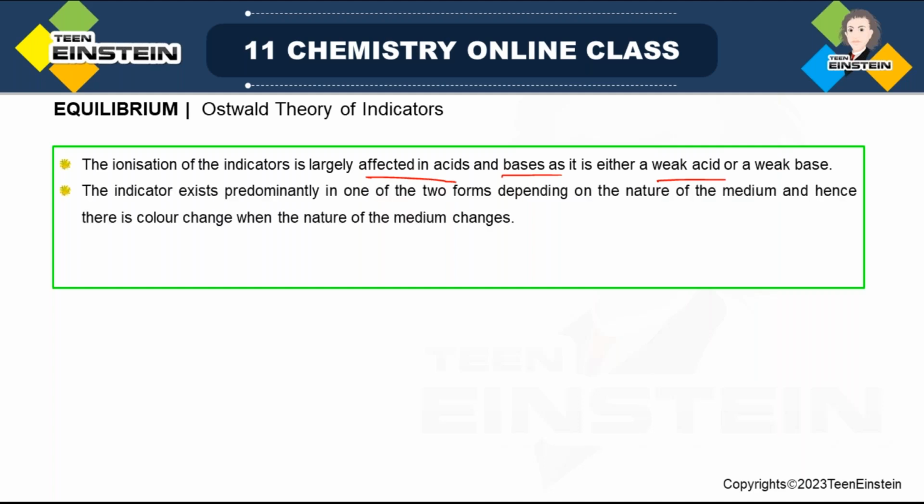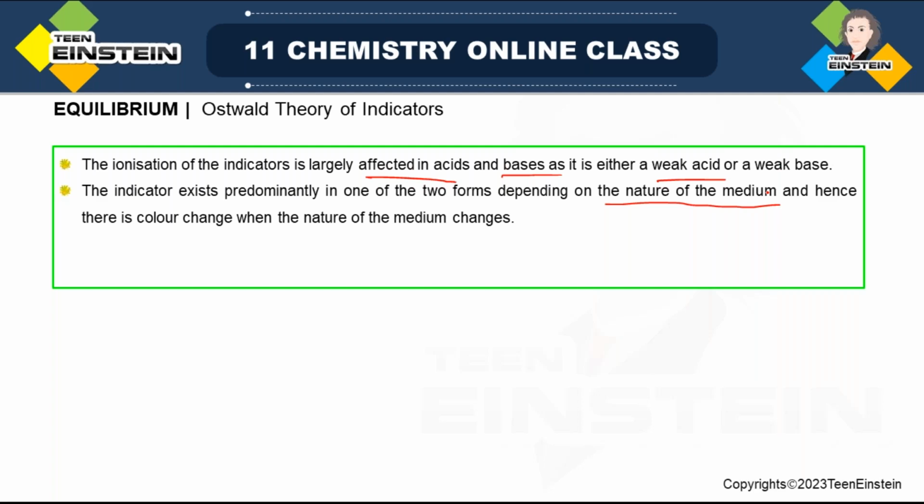The indicators exist predominantly in one of two forms, depending on the nature of the medium, that means depending on the pH. And these two forms have different colors. So from this specific color, we will be able to understand in which form they are existing. When we see the color, we will be able to understand the range of the pH, not the exact pH, but more or less the range.